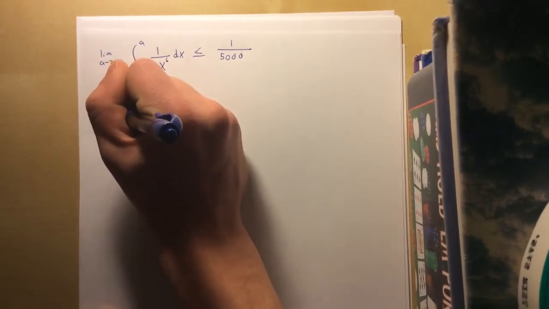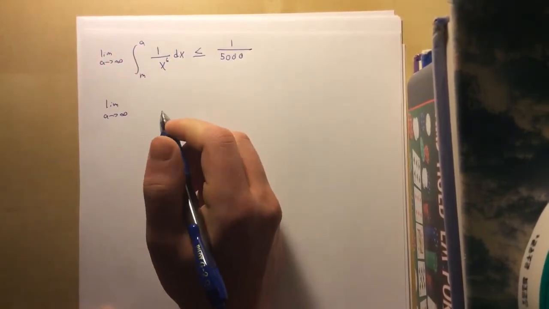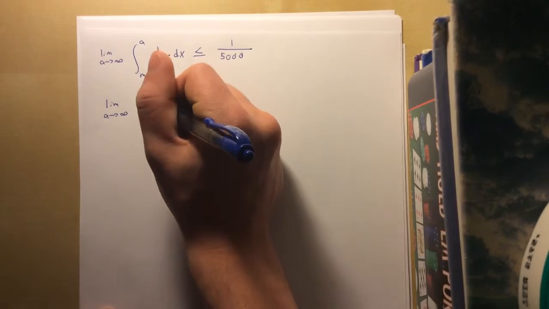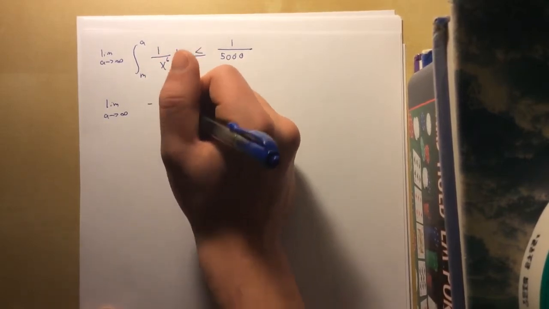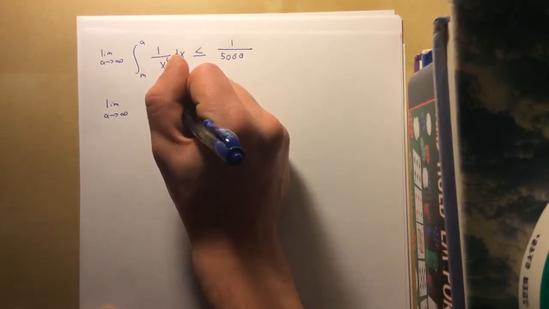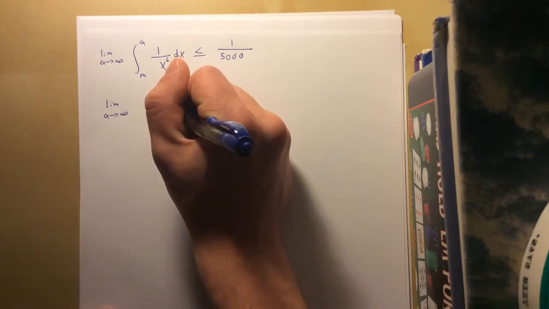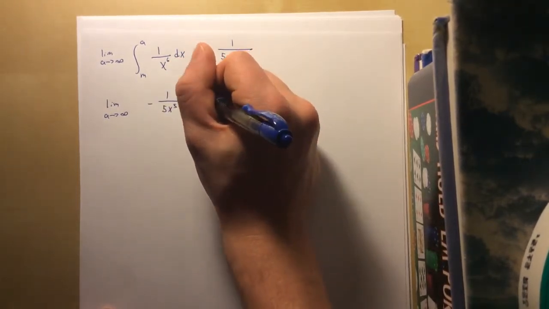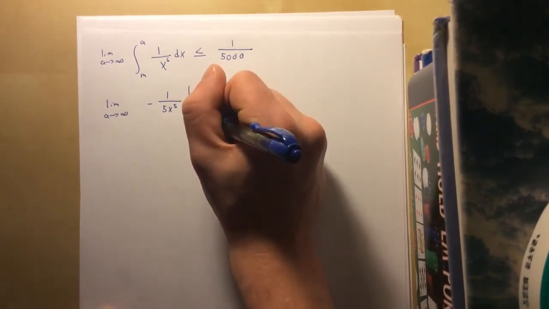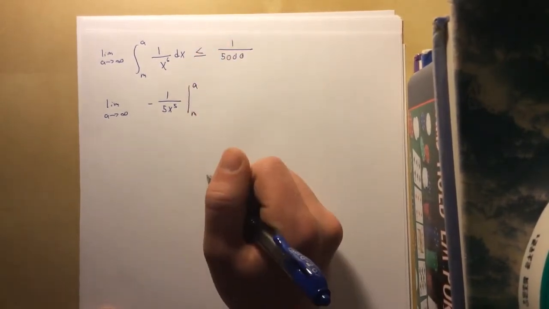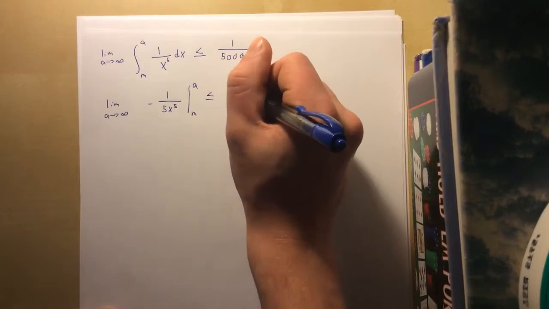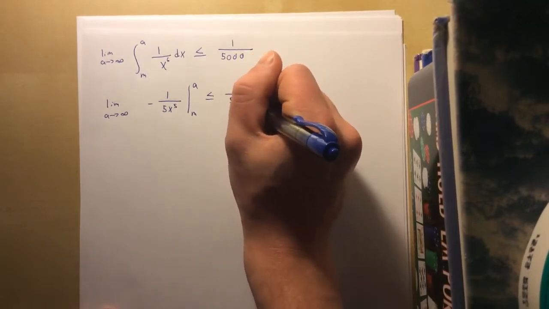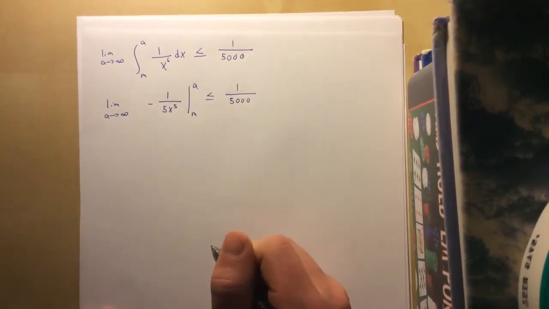Don't forget to write the limit. As a approaches infinity of, there's going to be a negative that pops out, 1 over 5x to the 5th, and we're taking that from m to a. I want that to be less than or equal to 1 over 5,000.